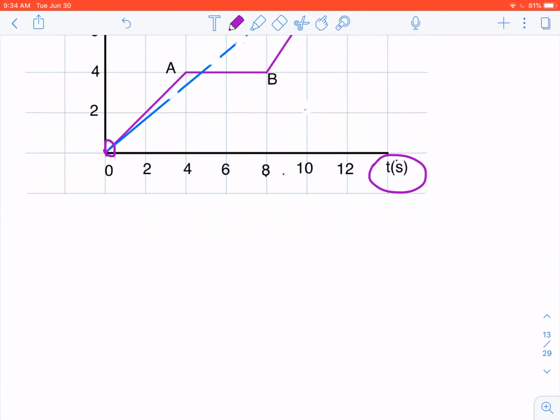So for the total trip, we want the average velocity. V average is equal to change in x upon change in time.